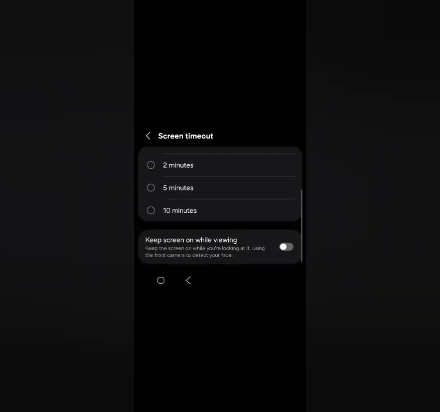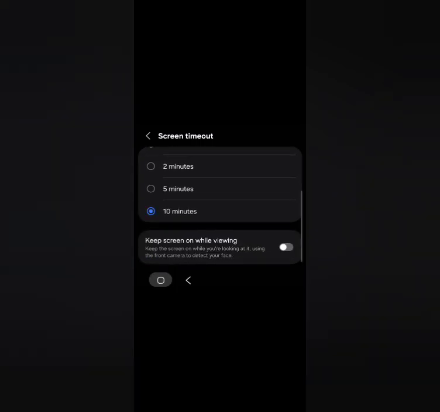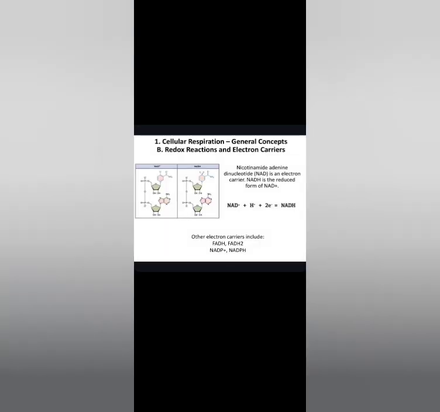Electron carriers can very easily be reduced, so can very easily gain electrons, and can very easily be oxidized, meaning can very easily give up those high energy electrons to another molecule. There are several electron carriers in your body. We care about 3 of them for this class.